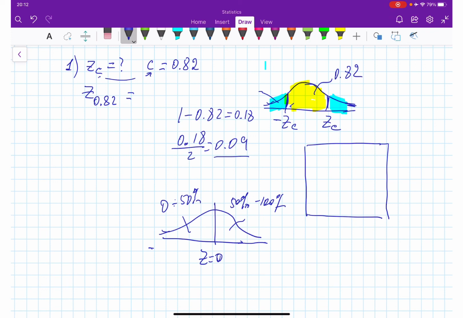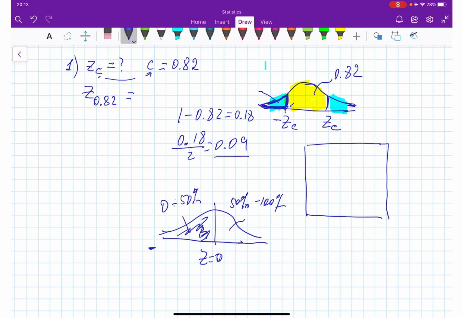Since we have 0.09, which is 9%, it's below 50%, which means our z-score is going to be negative and will be to the left. One thing you need to know: it doesn't necessarily have to be exactly 0.09. It can be approximate.